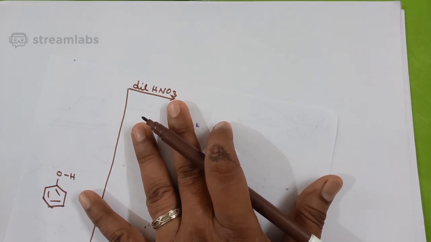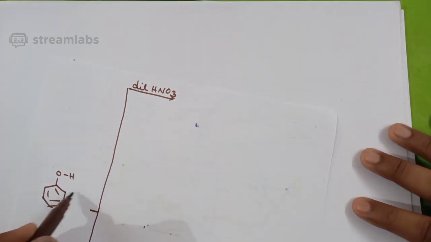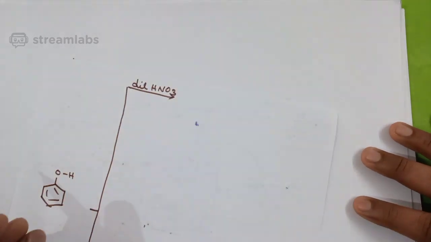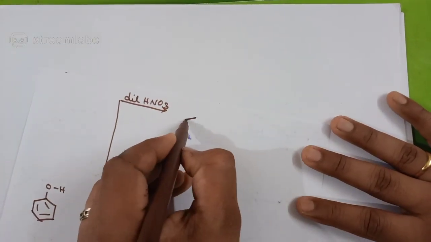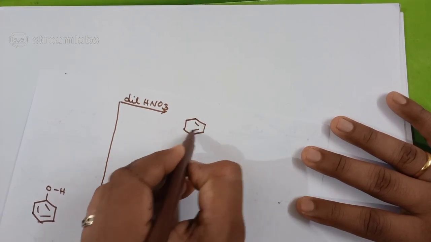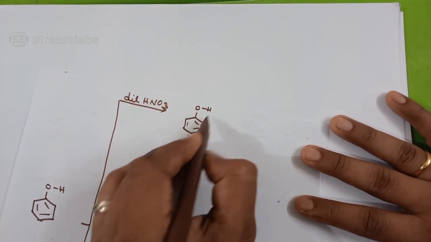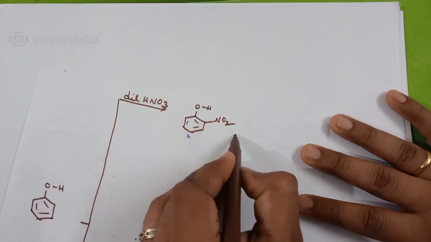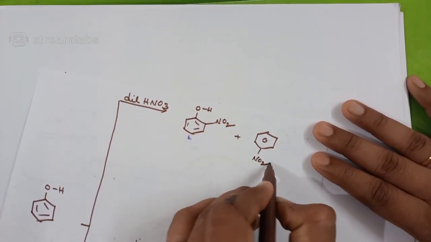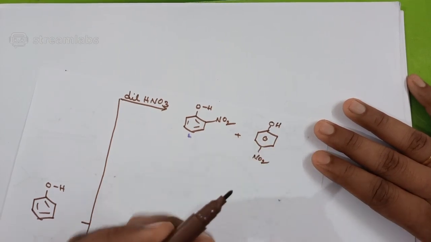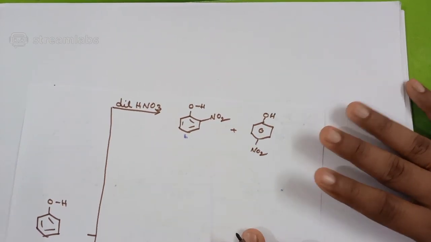Here the phenoxide ion's negative charge attacks NO2, pulling the NO2 from nitric acid itself. So finally we get two products. One is OH with NO2 at ortho, and the second is para. I said already that phenol is more reactive at ortho and para in electrophilic substitution.